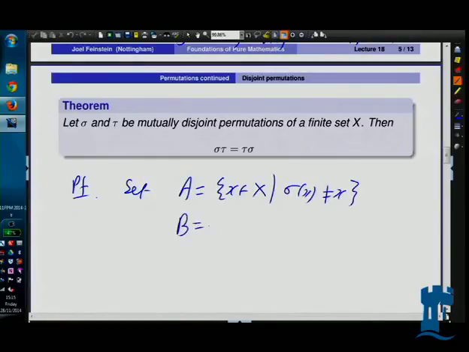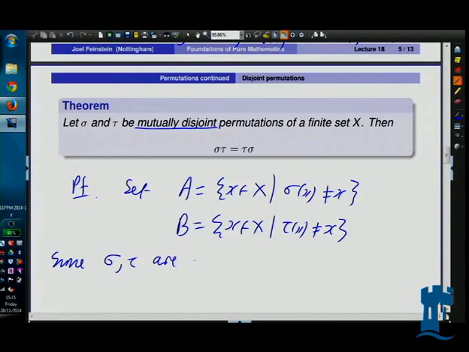And B will be those x in X for which tau of x is not equal to x. Because they're mutually disjoint, those have no intersection. Since they're disjoint, A intersection B is empty.